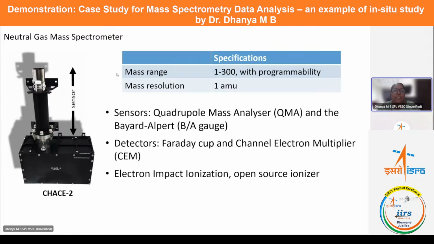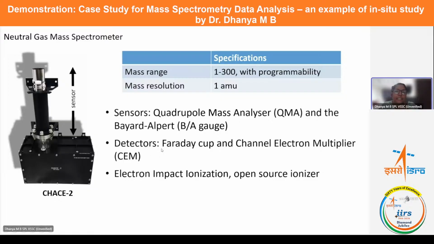The Bayard-Alpert gauge measures the total current, or we say total pressure, of whatever comes inside the mass spectrometer. After that, these atoms or molecules are mass analyzed, and what we get is a pressure corresponding to a given m/q, which we call partial pressure, whereas the Bayard-Alpert gauge measures the total pressure.